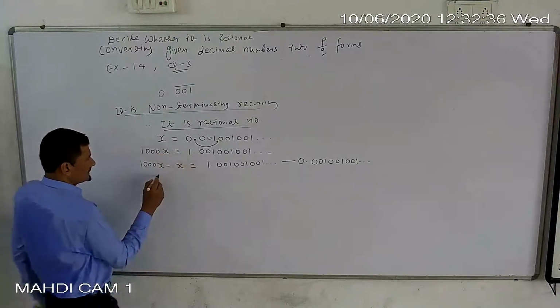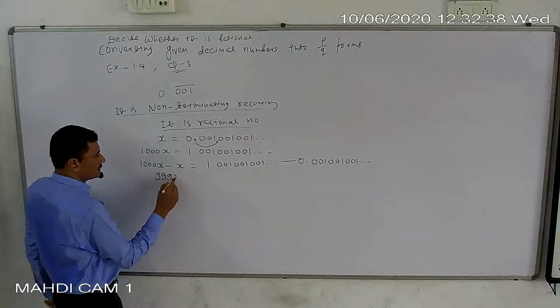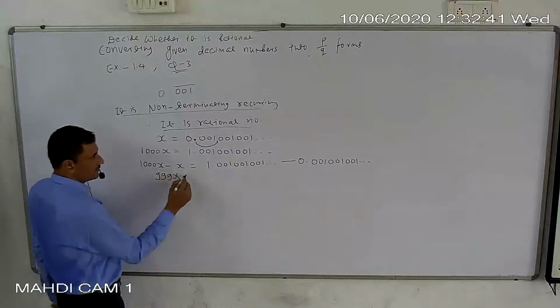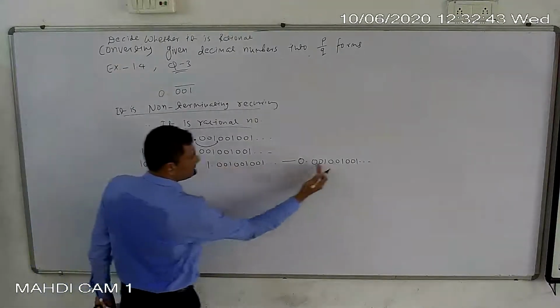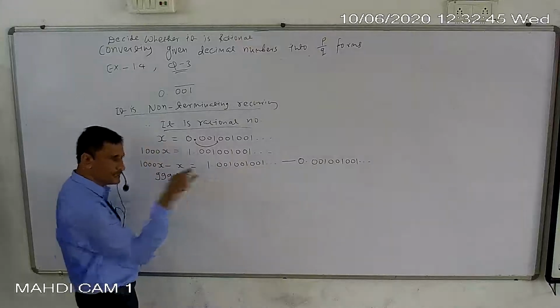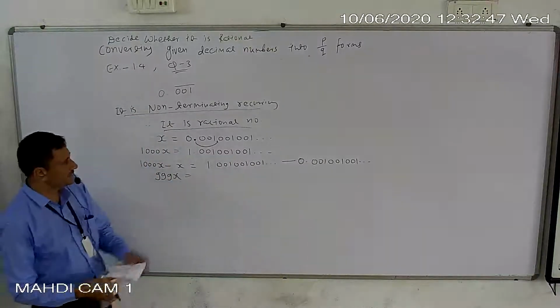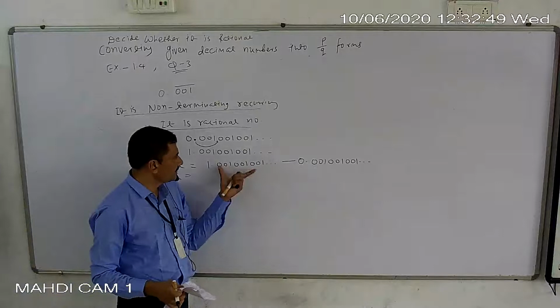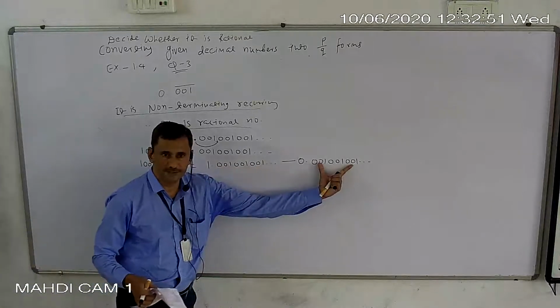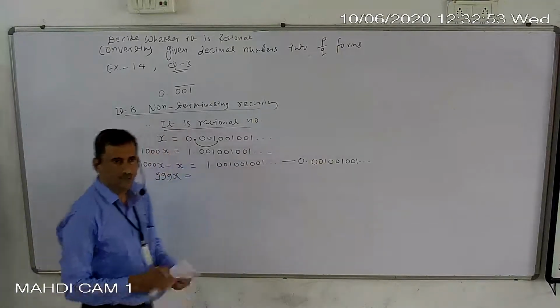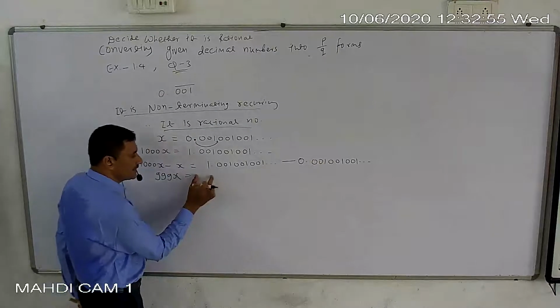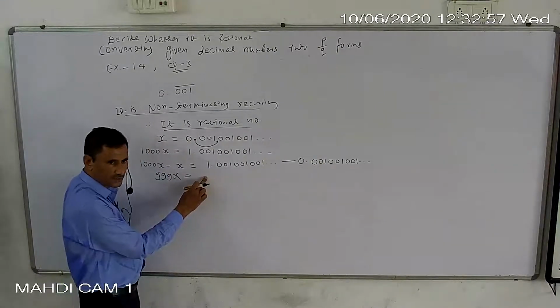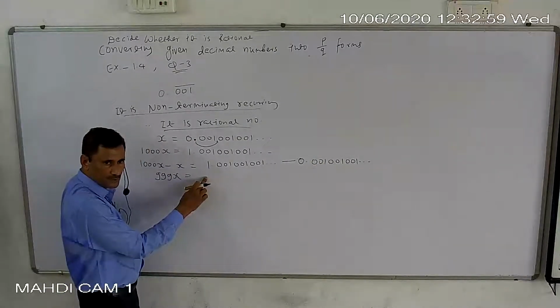Okay, now what happens here? 999x, because out of 1000x, 1x is gone. Now look here, the decimal part is equal. At this step, the decimal part will always be equal. Remember this thing. So after subtraction, you will get an integer only, never a fraction or decimal form.